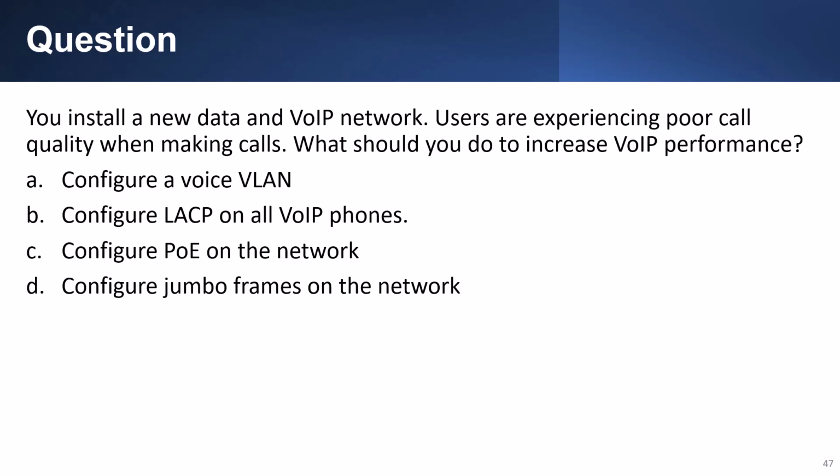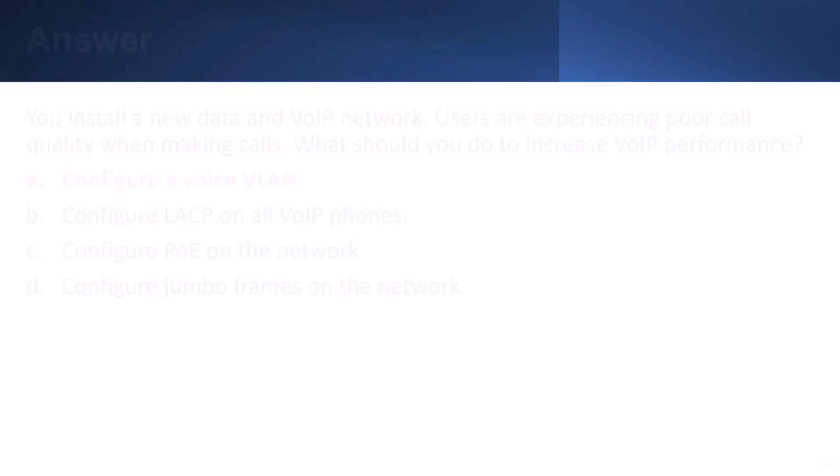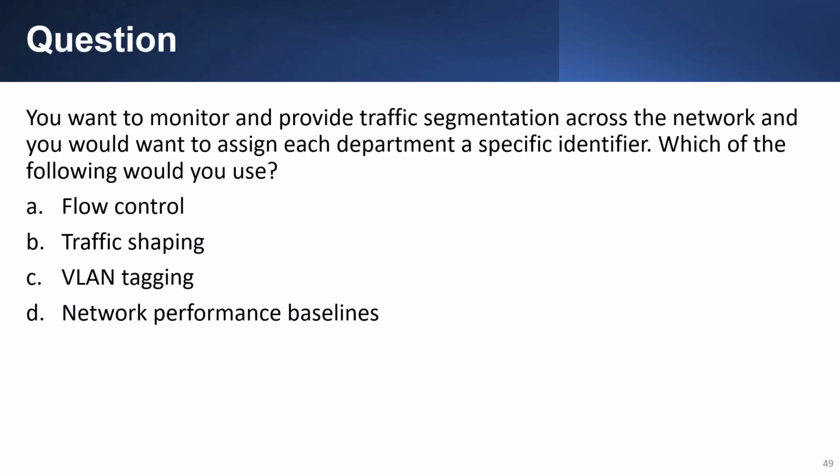Question: you install a new data and VoIP network. Users are experiencing poor call quality when making calls. What should you do to increase VoIP performance? Answer: configure a voice VLAN. Question: you want to monitor and provide traffic segmentation across the network, and you want to assign each department a specific identifier. Which of the following would you use?